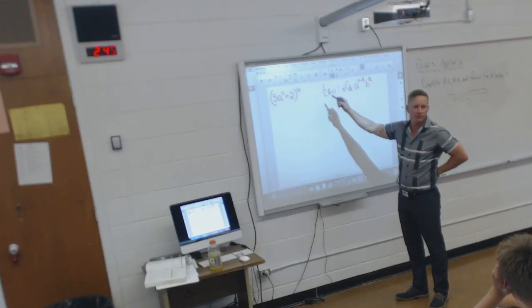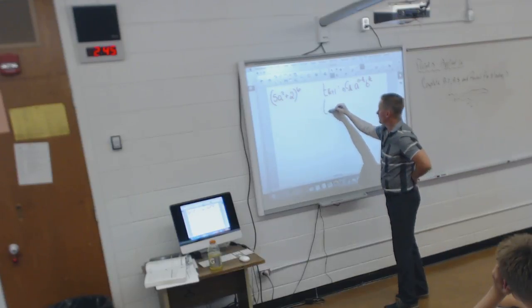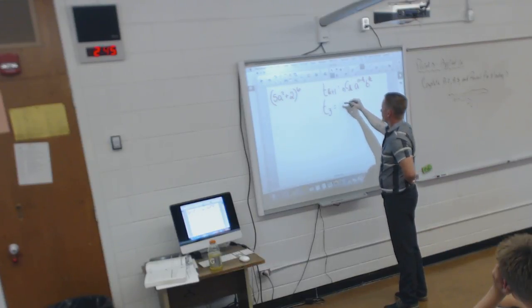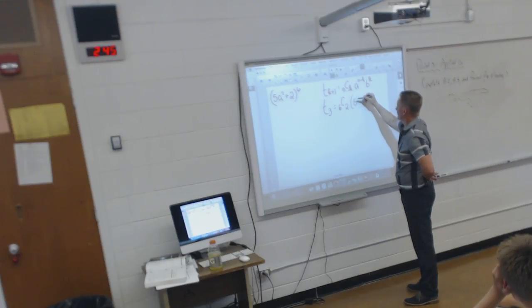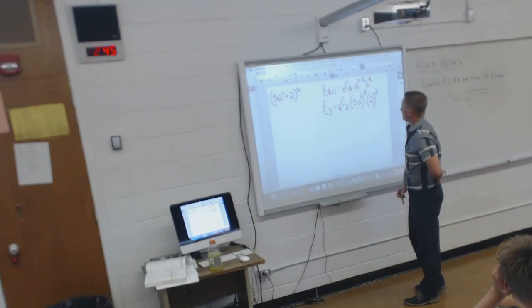So what is my k value? 2. N is 6, so 6c2, 5a squared to the, well, I always do the last term first, that's 2 to the 2, so that means this has to be 4.